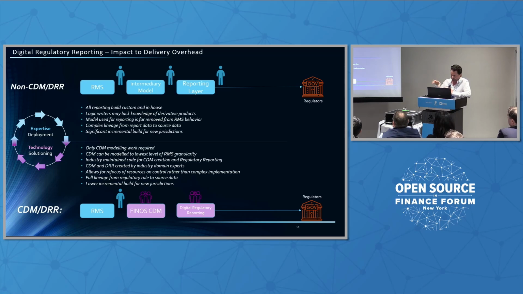But once this is live and once it's done, the real value is the next jurisdiction that comes along, because it won't be starting from scratch with a clean sheet of paper. It'll be, we've got a working CDM for all asset classes with all products and all events, and we're just plugging in another jurisdiction, so it should just be delta work between the two.